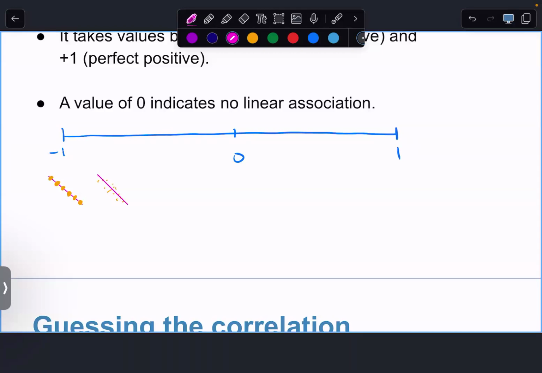Still linear, still strong. If the correlation is somewhere here, then it might look like this. It's going to soften up around the line, so to speak, as you move closer to 0. If you have a correlation of 0, then you have this cloud, no relationship there.